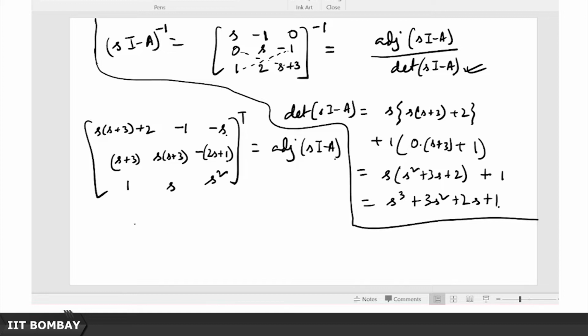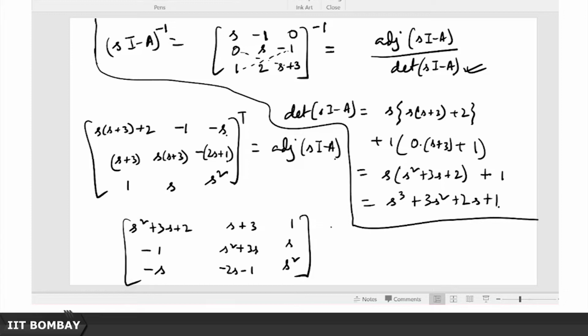So this is going to be basically S squared plus 3S plus 2, minus 1 minus S, then S plus 3, S squared plus 3S, and minus 2S minus 1, and finally it's going to be 1, S, S squared, whole thing divided by this determinant that I had obtained, S cubed plus 3S squared plus 2S plus 1.